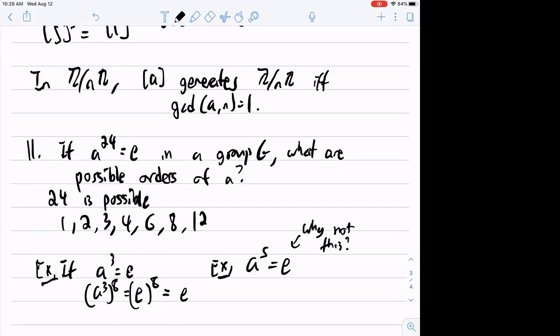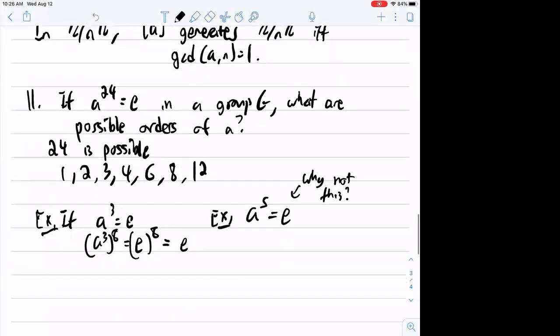Oh, by the way, I don't mean this, right? Like this is possible, but I mean this. This is what I mean. Sorry. I mean a, a squared, a cubed is not e.